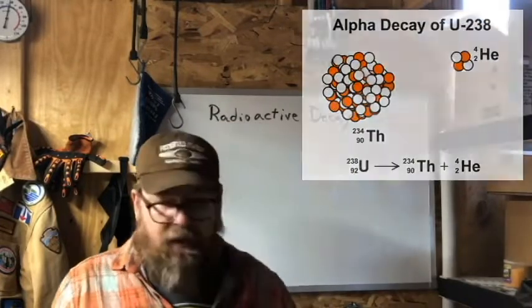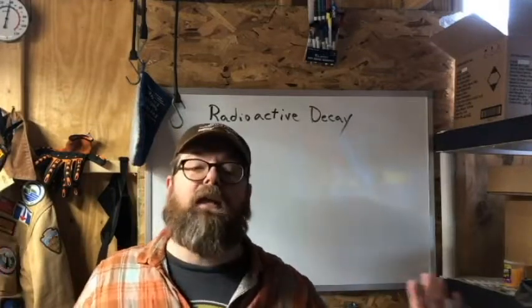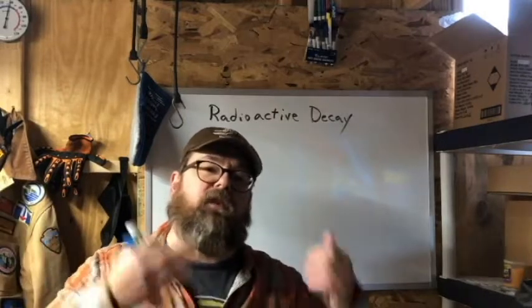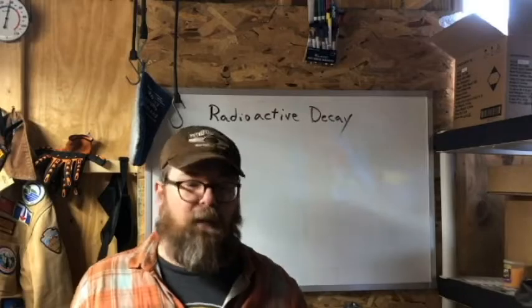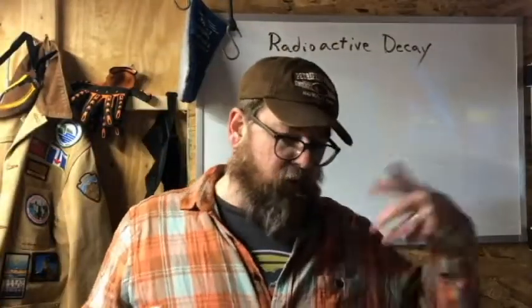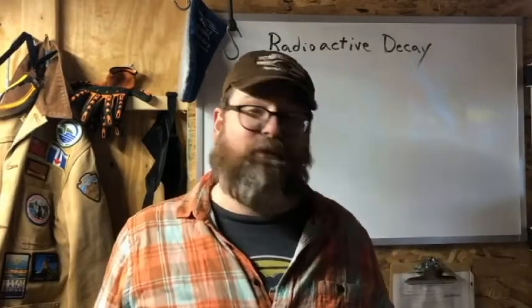It doesn't matter whether it gives off alpha particles or beta particles. It's going to decay into something else, following this half-life principle regardless of what element it is. Time is your biggest factor in the decay of a parent to a daughter element, and this varies wildly from a few seconds to billions of years.